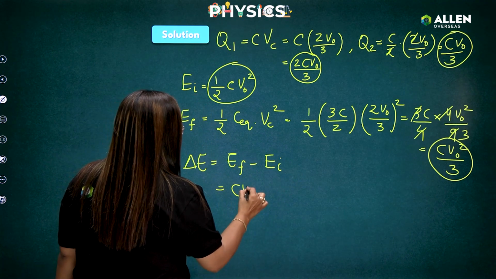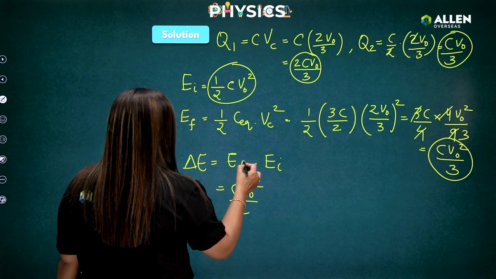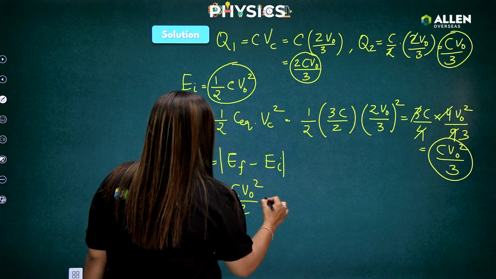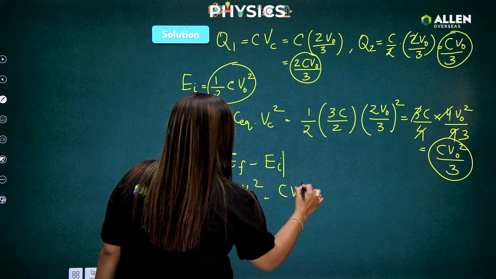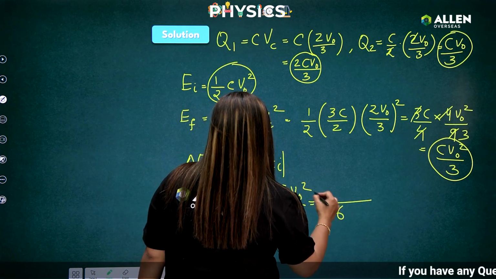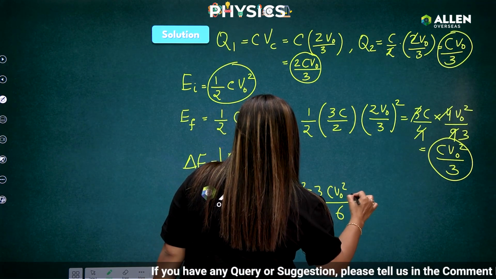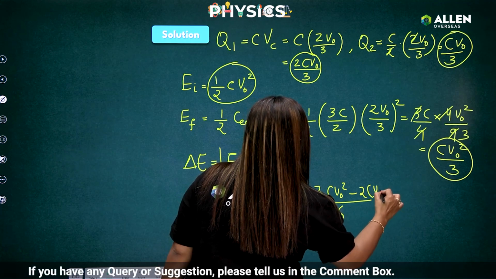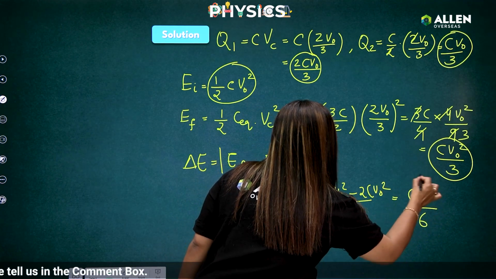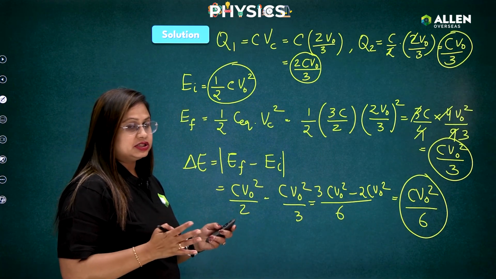We are just finding the magnitude, because this is more than that: C V naught square upon 2 minus C V naught square by 3, which is 3C V naught square minus 2C V naught square over 6, equal to C V naught square divided by 6. So this is the amount of energy that has been lost.